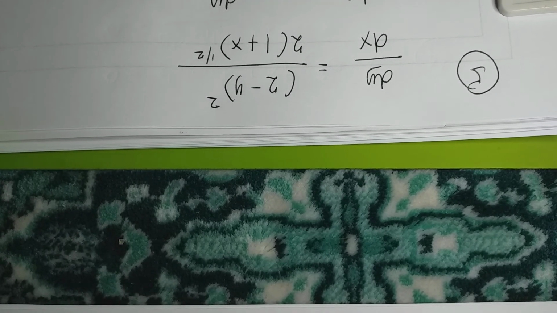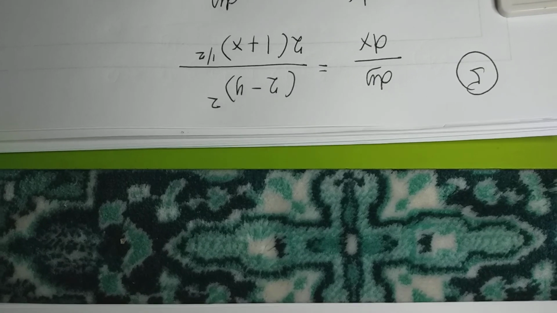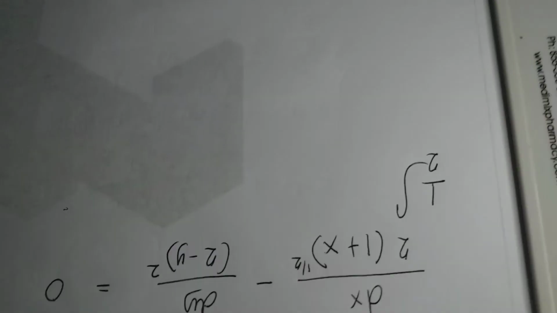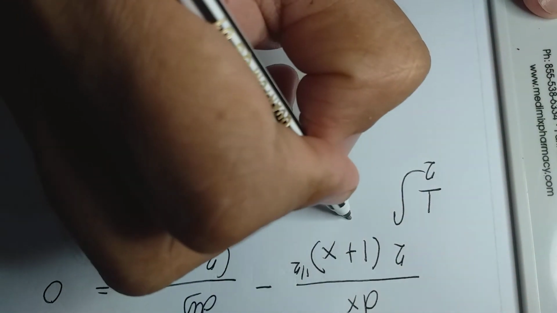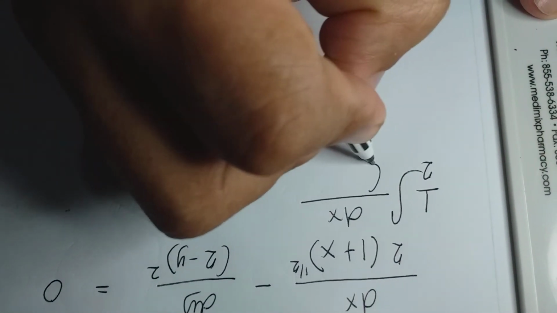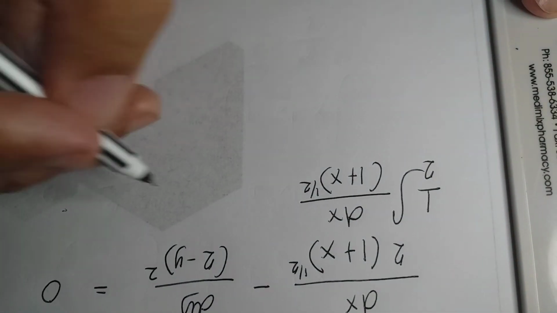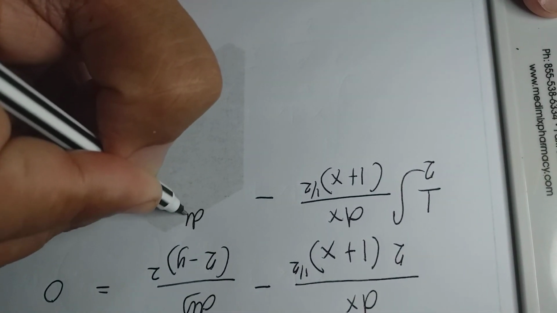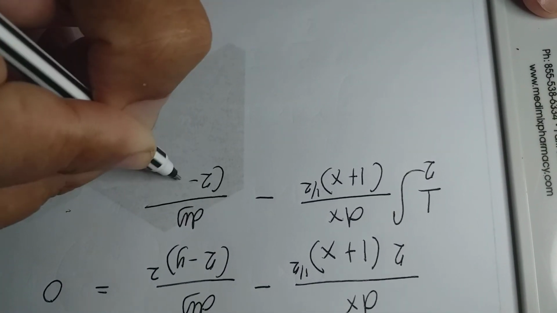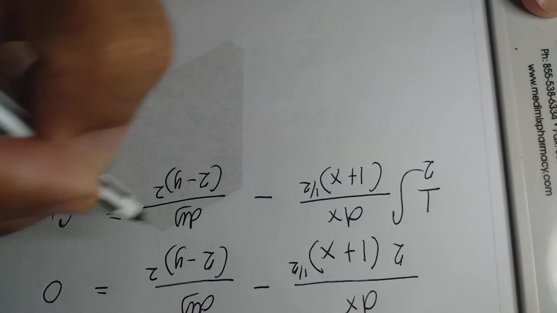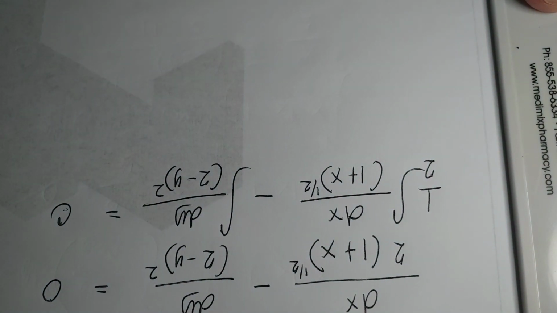So, we may take 1/2 outside the integral sign. So we have dx over 1 plus x raised to 1/2 minus dy over 2 minus y squared is equal to c if we're going to integrate this.